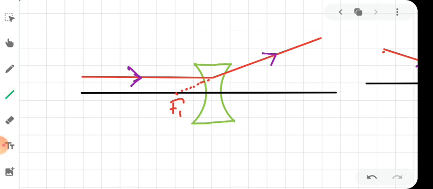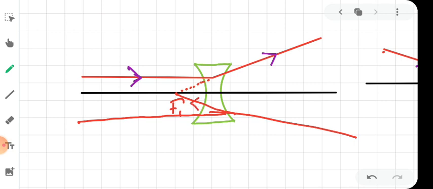So if you draw another ray which is also parallel, it also appears to be coming from focus 1, and this is how you define the focus of a concave lens. This is the focus of the concave lens. Whereas in the case of convex lens, the focus was on the other side.